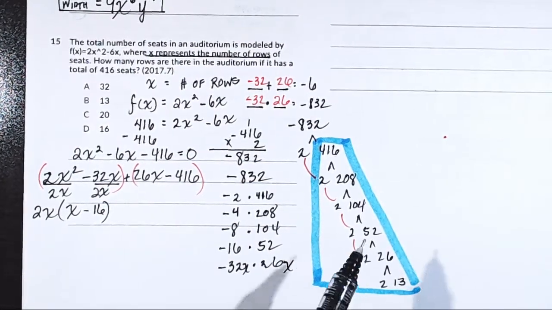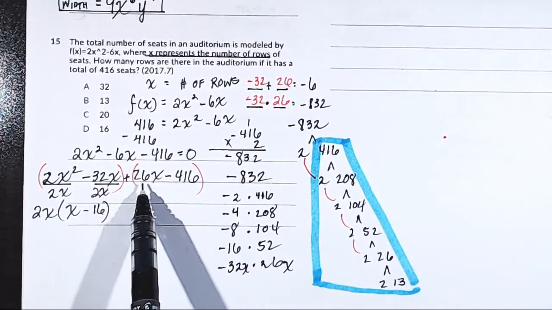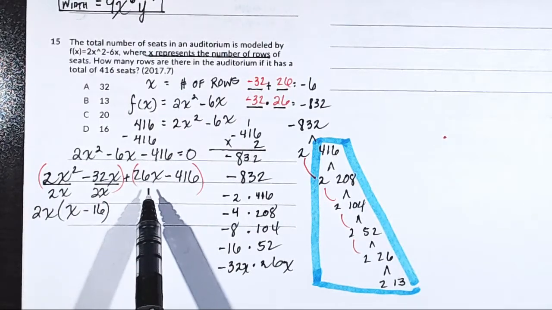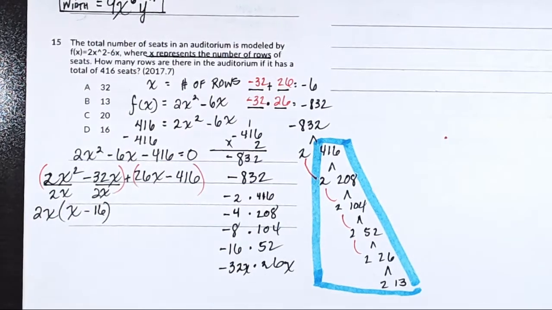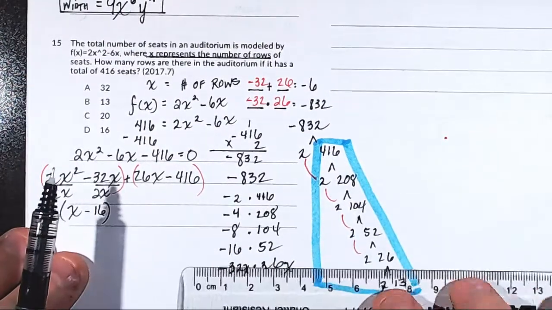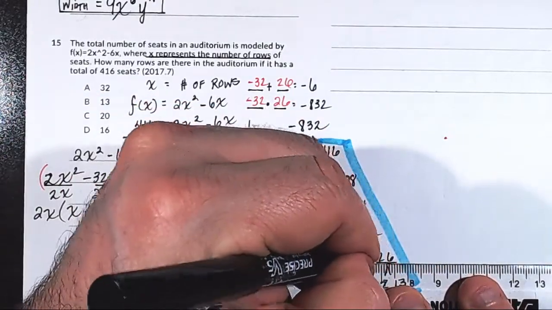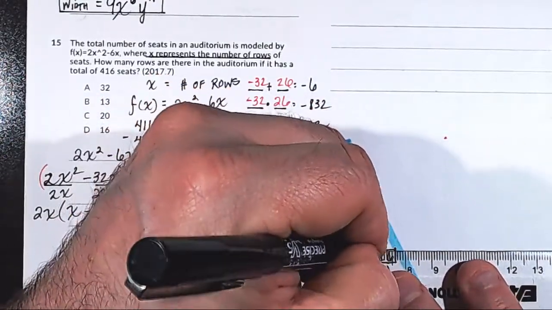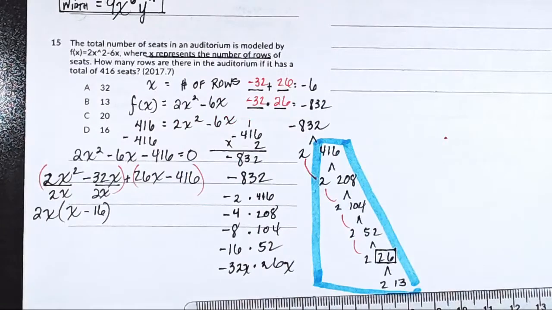What I'm really looking for is, is 26 a factor of 416? Can I divide out a 26? Well, down here, I notice that I've got 26 as one of my factors of 416. So it is, in fact, a factor.